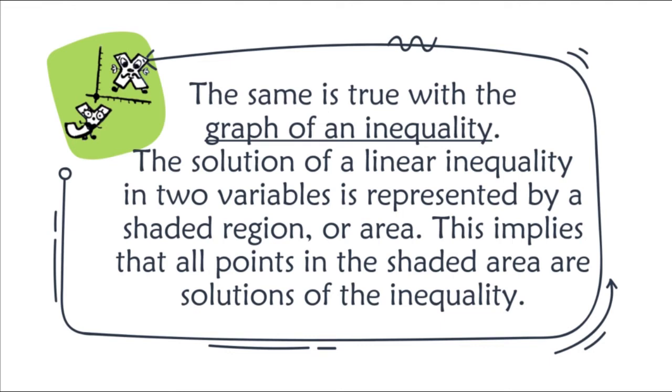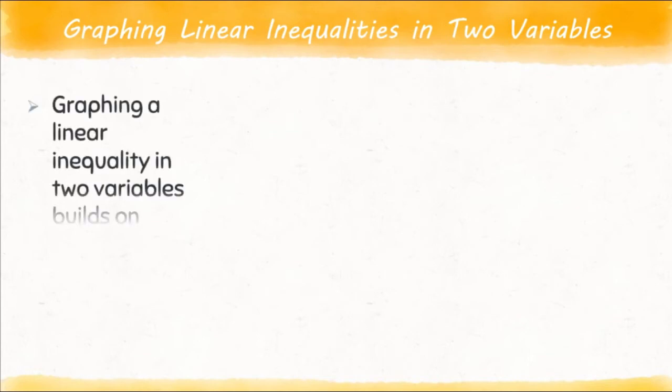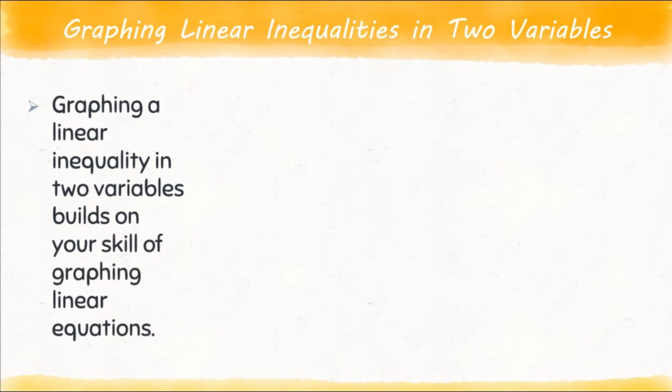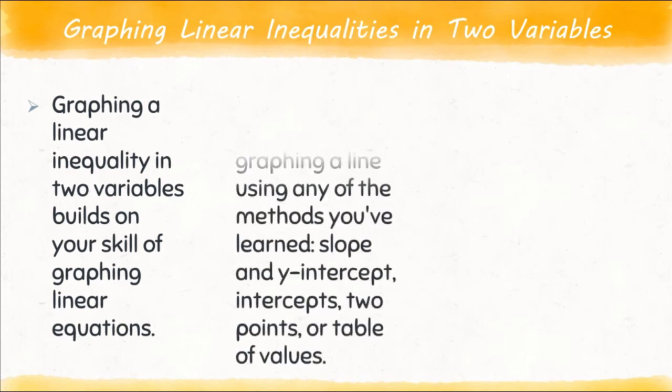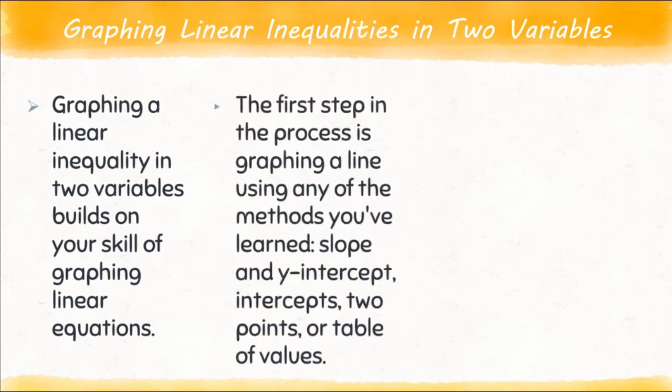Graphing linear inequalities in two variables. Graphing a linear inequality in two variables builds on your skill of graphing linear equations. The first step in the process is graphing a line using any of the methods you've learned: slope and y-intercept, intercepts, two points, or table of values.